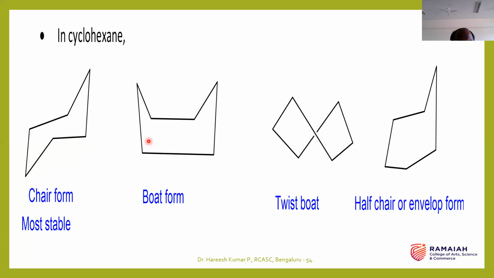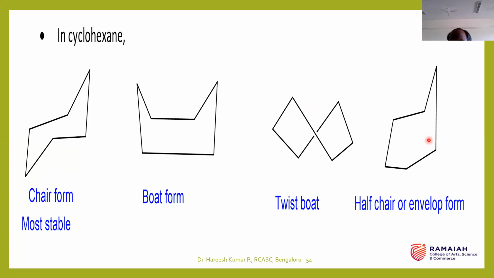You can observe that the hydrogens present here will interact. Because of this hydrogen interaction, the boat form is less stable compared to the chair form, and this one is called the twist boat. Again, the twist boat is further unstable compared to the boat form.